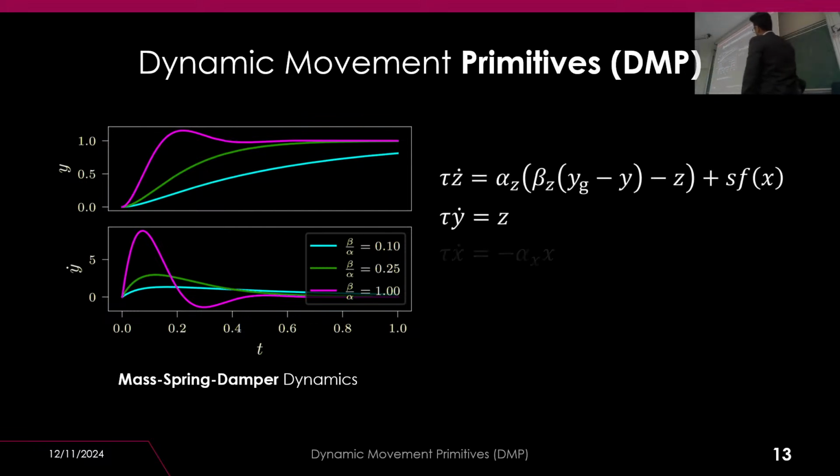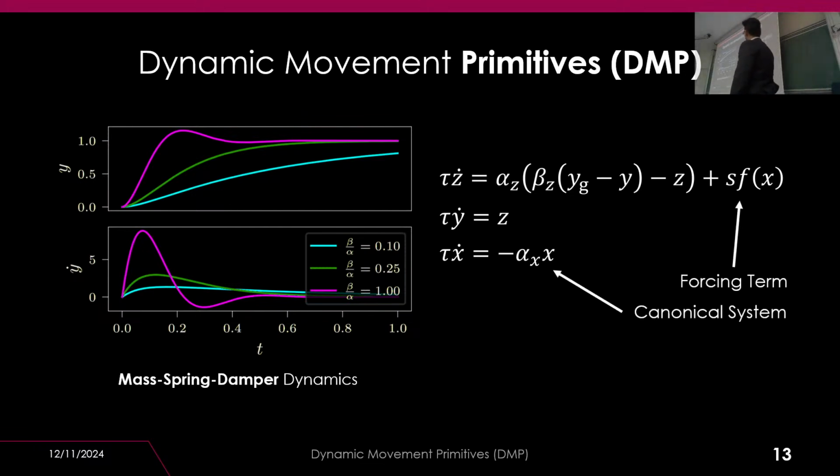We may rewrite it this way, and by adding a forcing term and a canonical system that tunes and controls the influence of this forcing term, we may embed the dynamics of a given movement, of a given behavior, over the dynamical system. This forcing term is key to the reconstruction and the embedding of the DMPs.